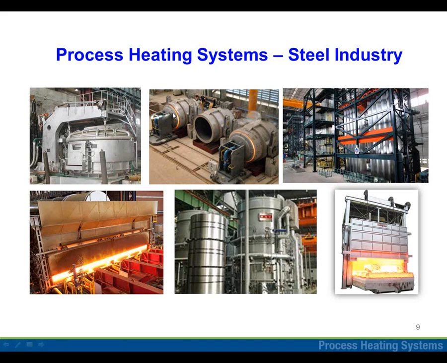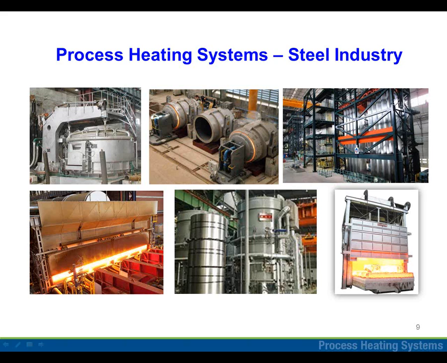So ladle heating uses gas, and then there is tundish heating also. As far as the melt shop is concerned, at the arc furnaces, usually they have oxy fuel burners, in this case oxy gas burners. Then we have tundish, and we have ladle heating.